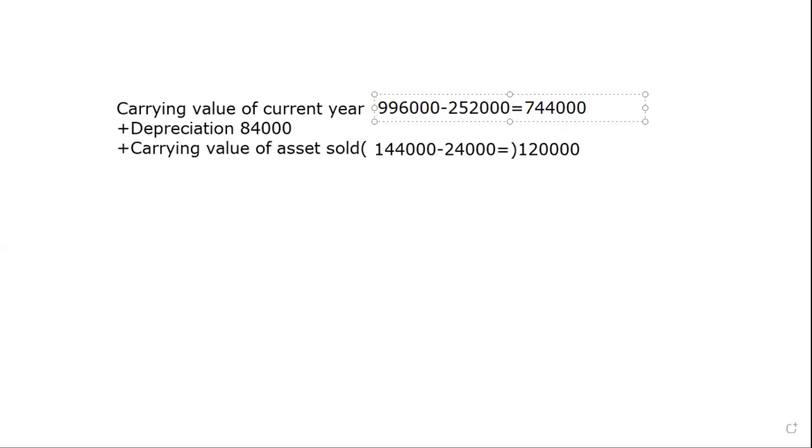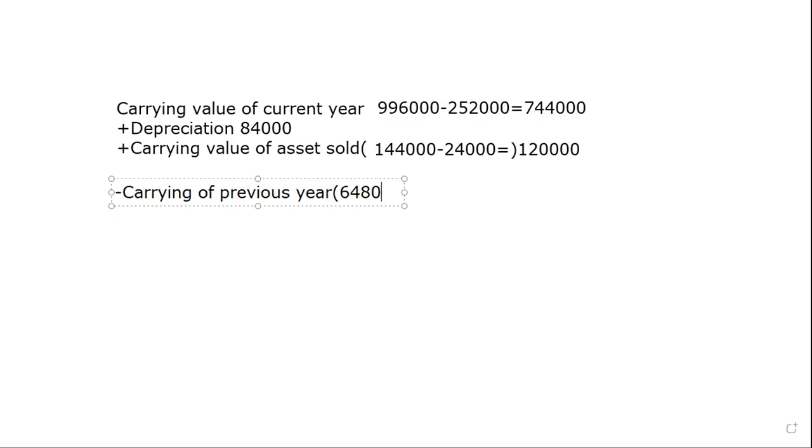Can anyone help us calculate the carrying value of the previous year? As per the formula, you need to subtract the carrying value of the previous year. What is the cost price of the previous year? 648,000.